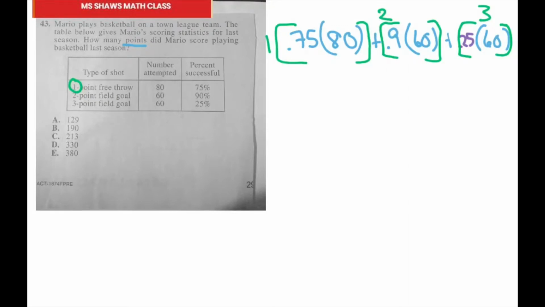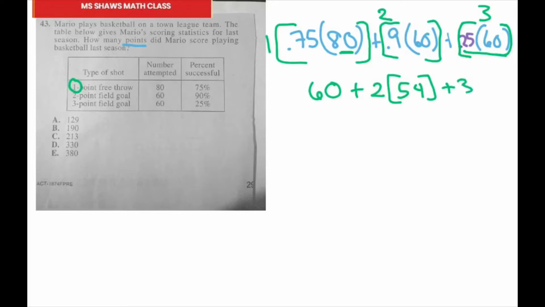So basically, if you take 3/4 of 80, you can use your calculator. Divide 80 by 4, you get 20. So you got 60 there because he only got 3/4 of it. So you got 3 20s. And then you got 2 times 90% of 60, so that's 2 times 54. 25% is a fourth of 60, which is 15.